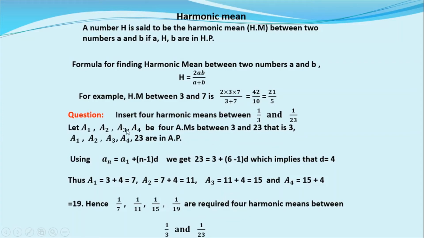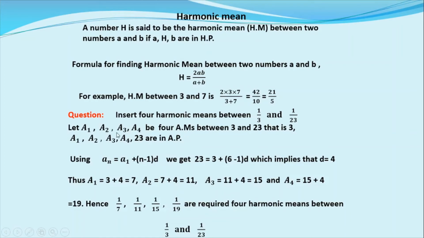So these four numbers will become the four harmonic means between 1 over 3 and 1 over 23. That is, now 3, A1, A2, A3, A4 and 23 are in arithmetic progression.